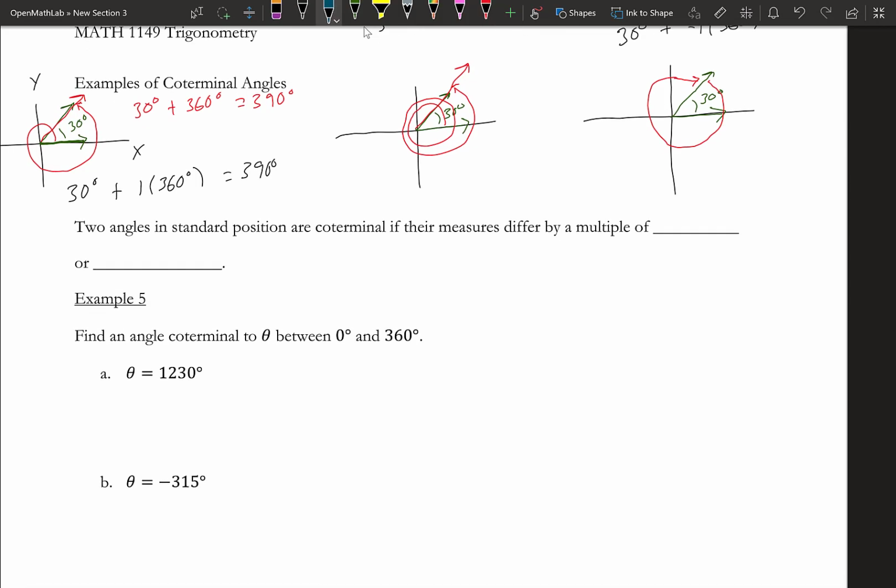So two angles in standard position are coterminal if their measures differ by a multiple of 360 degrees or 2 pi radians.